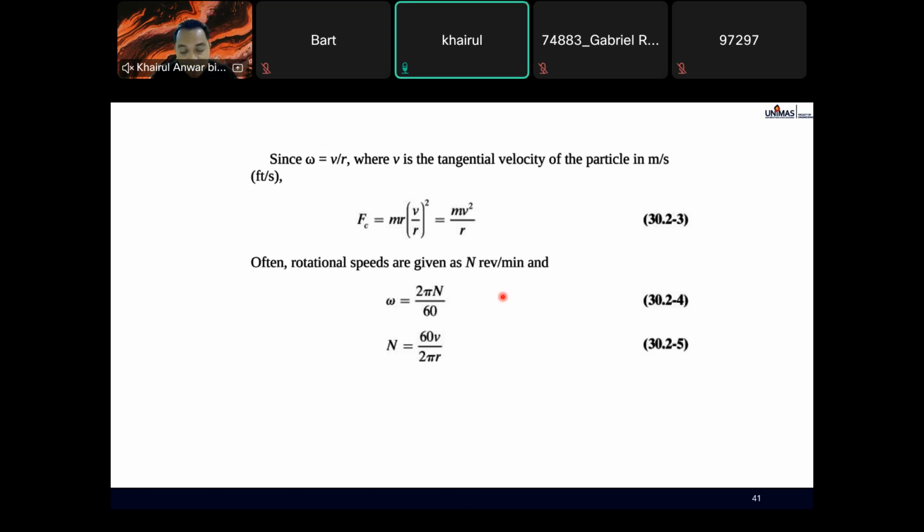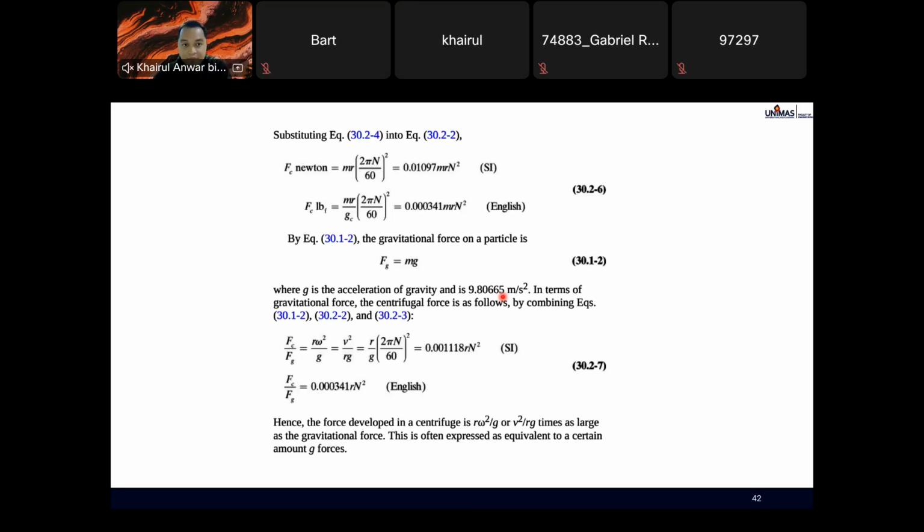So we have omega equal to 2 pi N over 60. So N equal to 60 v over 2 pi r. Substituting equation 30.2-4 into 30.2-2, we get 30.2-6. Bear in mind, N here refers to rotational speed, revolution per minute, not Newton. F_c is Newton. This is the rotational speed.